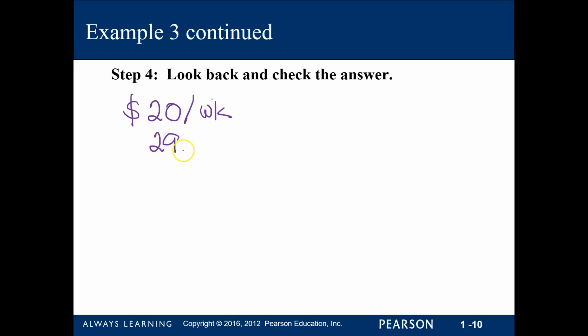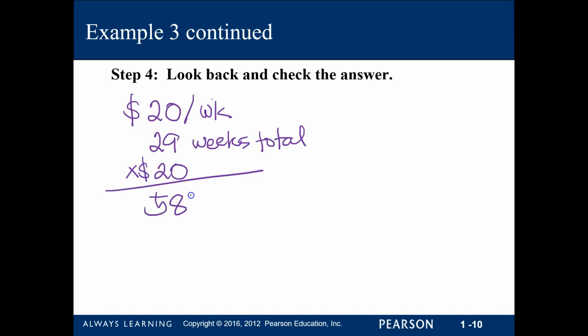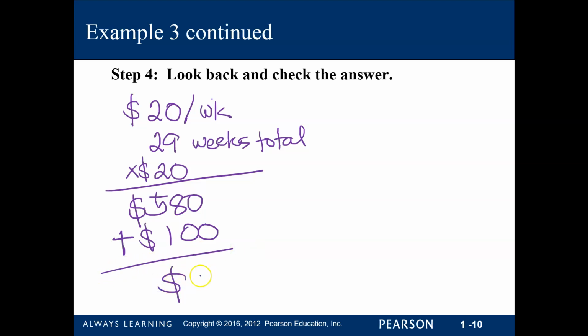So if we multiply 29 by $20, that is going to give us $580. That is the total money that was paid in the 29 weeks. And then remember, we need to add that extra 100 that was the upfront fee, which will give us 680, and this is definitely the cost of the bicycle.